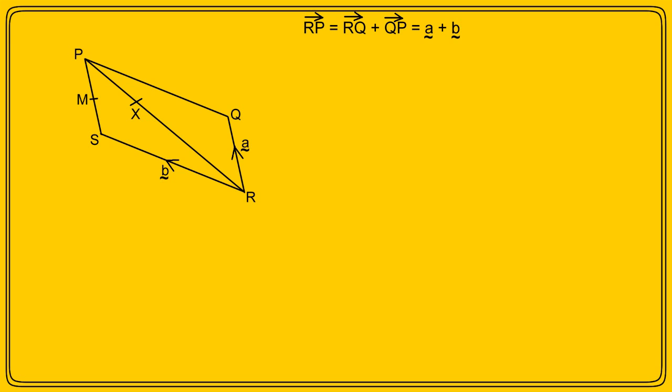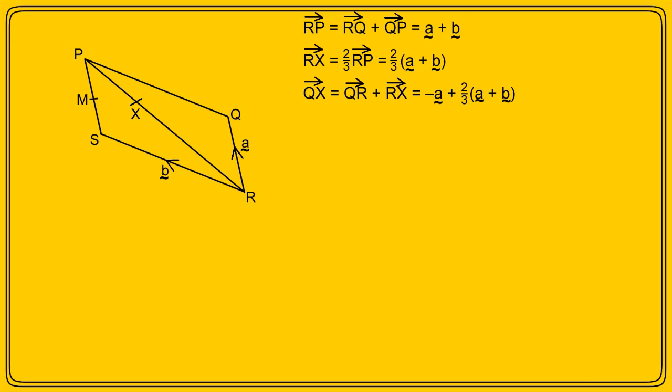Now, RX is twice XP. So vector RX is 2/3 of the vector RP, which is 2/3 of (a plus b). And now we can work out vector QX.